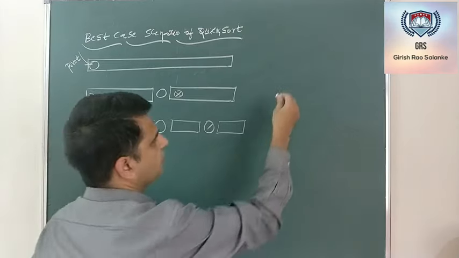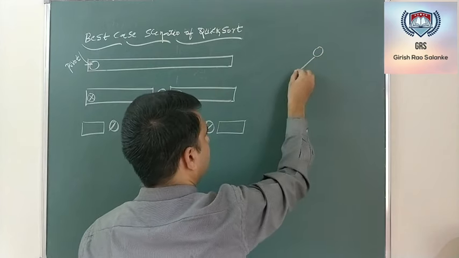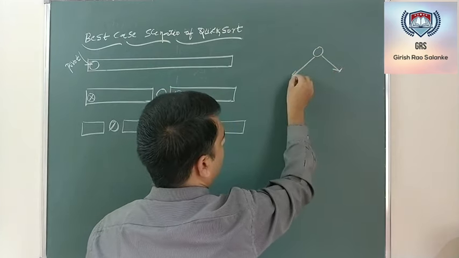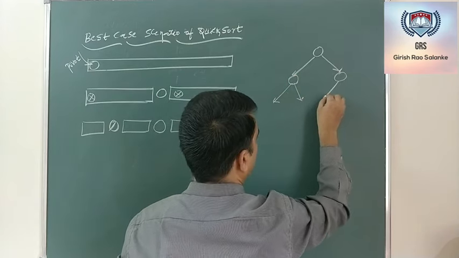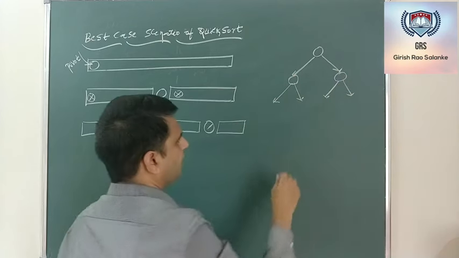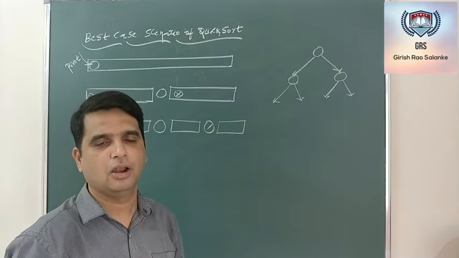In the sense, if this was my problem, while doing a partition it is dividing the array into two sub-problems of equal size. Then this would be the best case scenario of the quicksort algorithm.